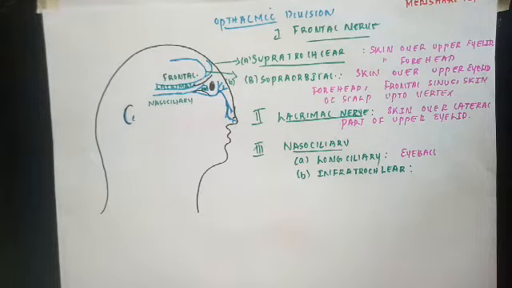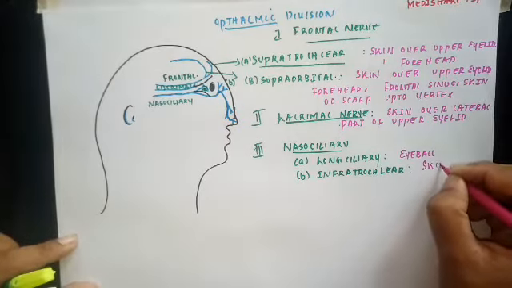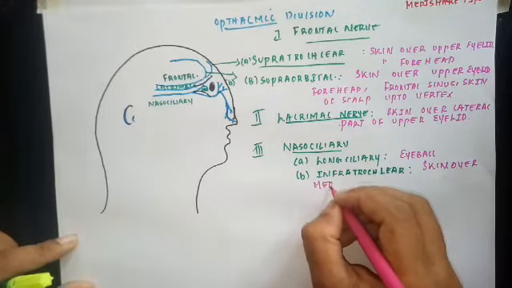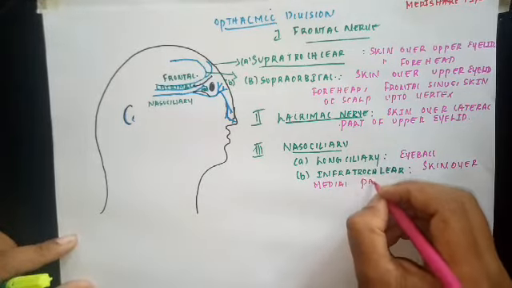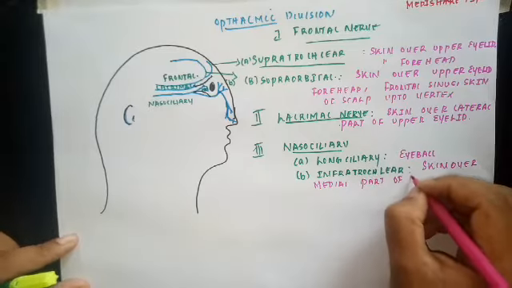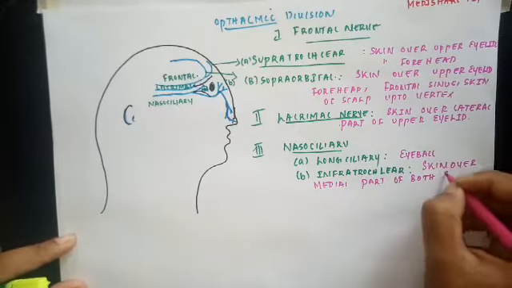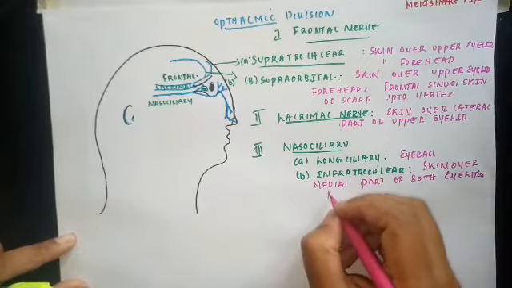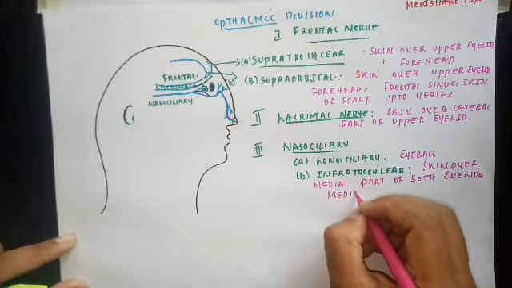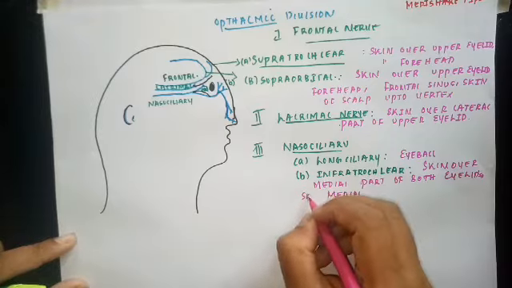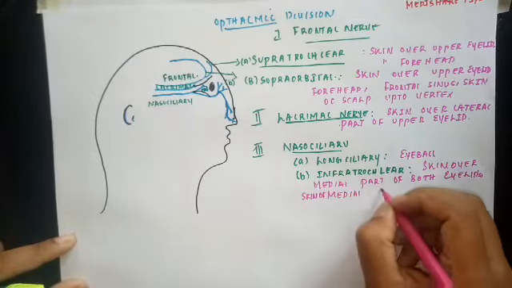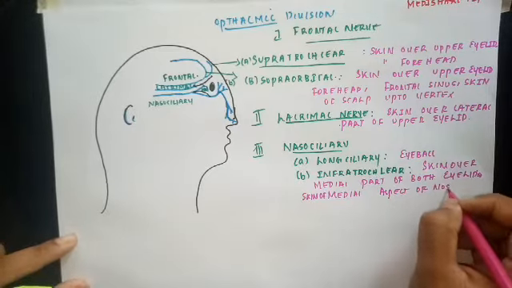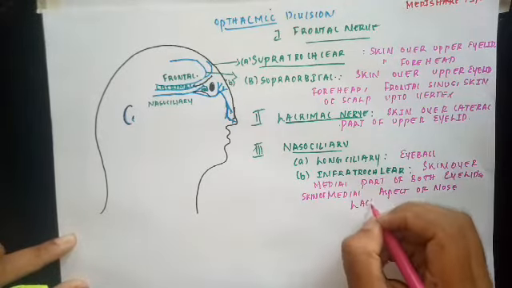So it supplies the skin over the medial part of both eyelids, the skin of the medial aspect of the nose, and the lacrimal sac.